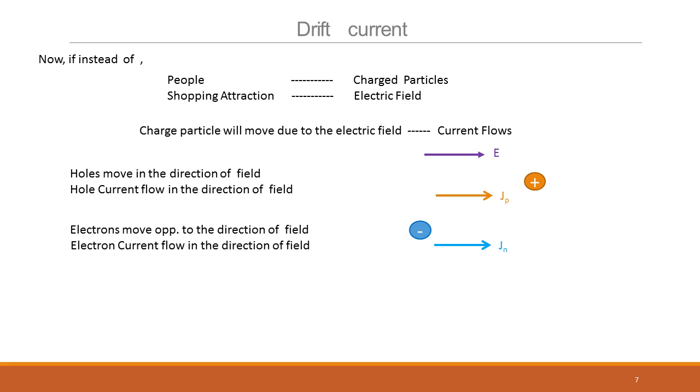We've seen that the current actually is in the opposite direction of the movement of the negatively charged particle. So it flows in this case from left to right, hence in the direction of the electric field. So the current is flowing in the direction of the electric field, while the negatively charged particle is moving opposite to the direction of the electric field.